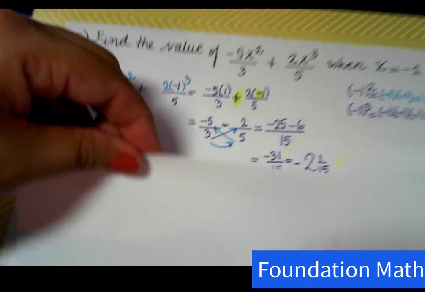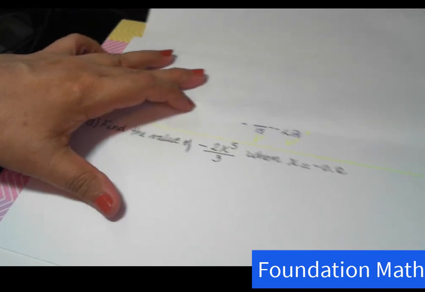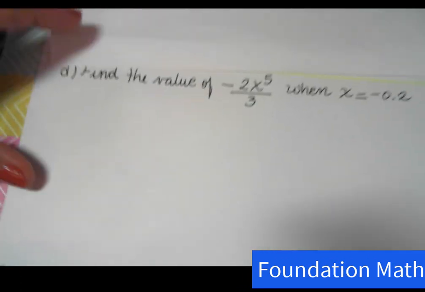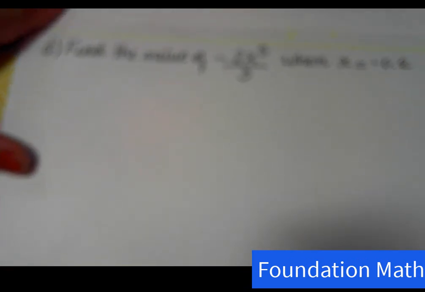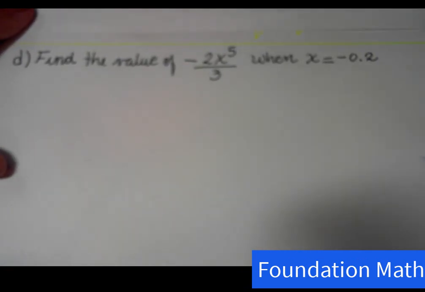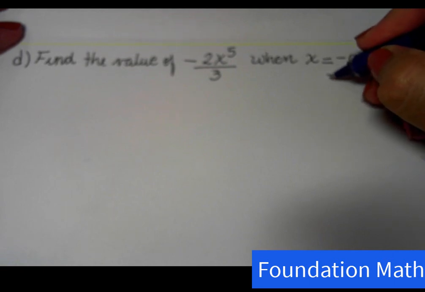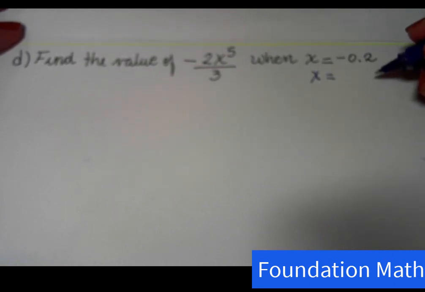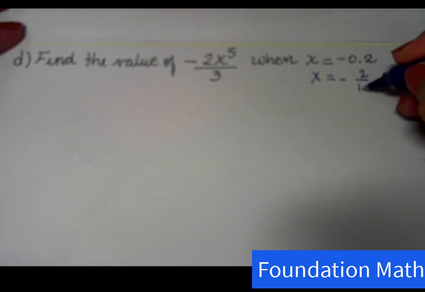Now we have to work the next example here. This situation is totally different than before because the value of x is a decimal number, negative 0.2, also a negative number. When we have decimal numbers, you can work different ways. For example, in this case, we can transform the value of negative 0.2 into the fraction 2 over 10.